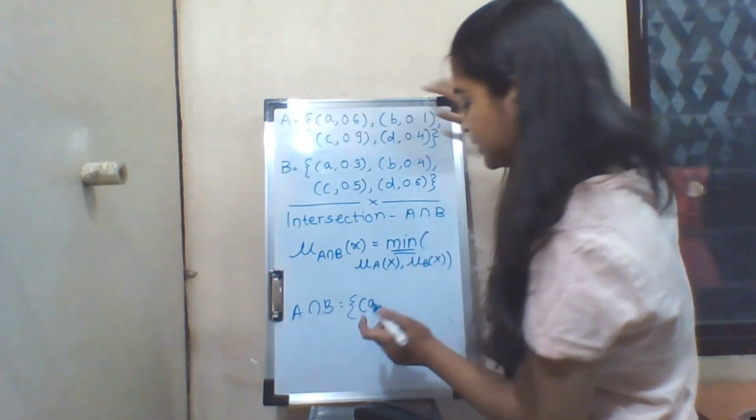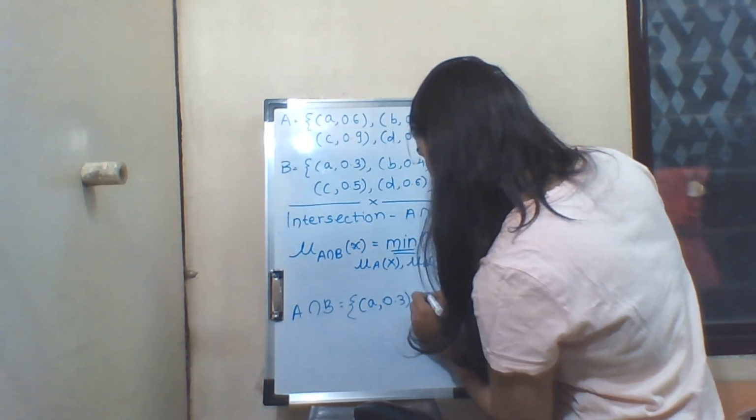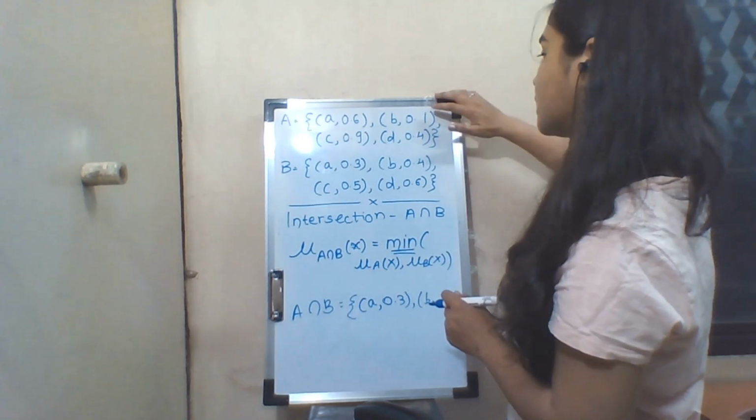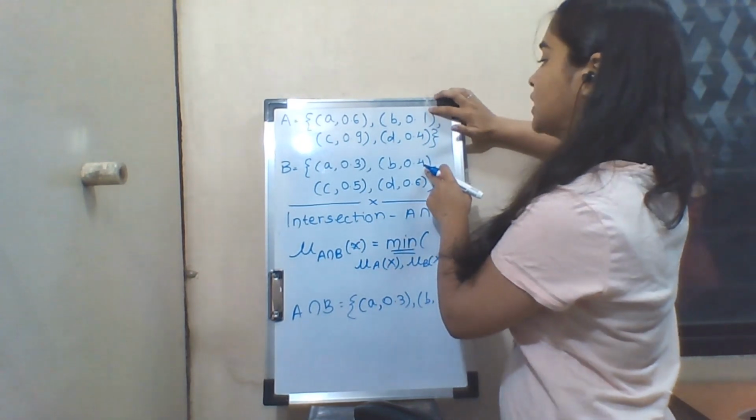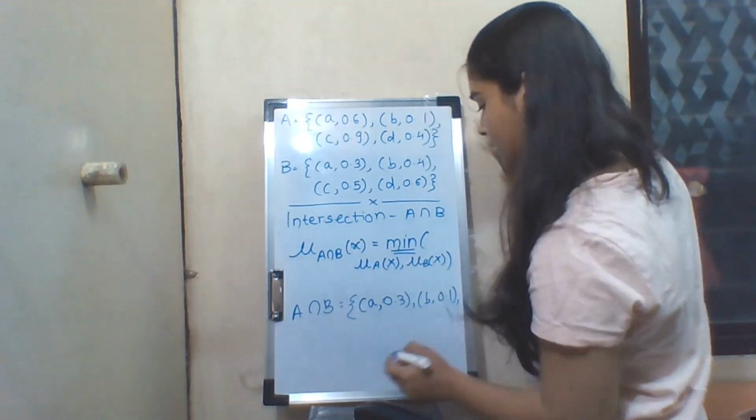As 0.3 is less than 0.6, we select 0.3. Similarly, for B, 0.1 and 0.4. As 0.1 is minimum, we select 0.1.